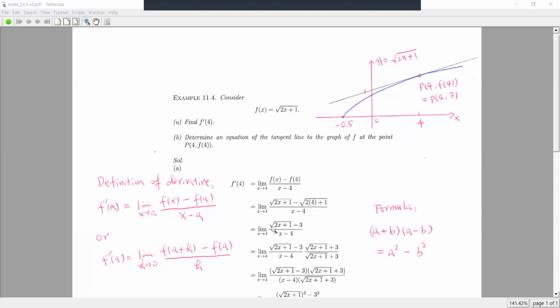To find this limit, direct substitution. Plug in 4 for x. But then we have 0 over 0. We cannot tell what 0 over 0 is. So to determine this limit, we need to simplify the function.